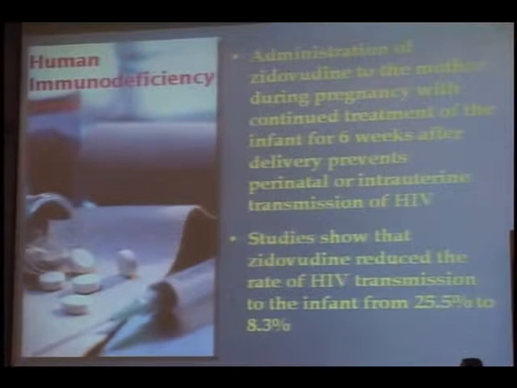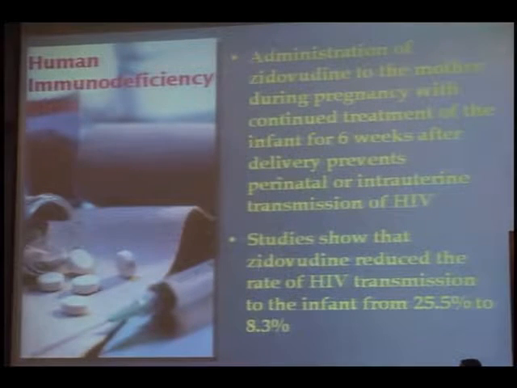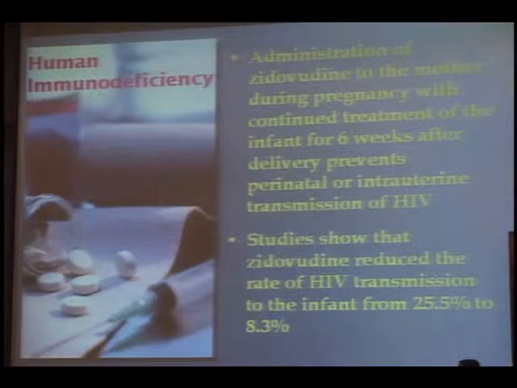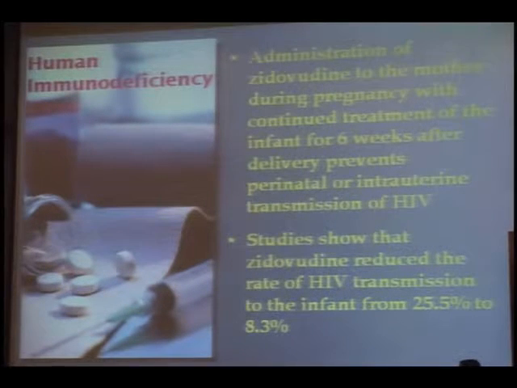According to studies, this manner of prophylaxis prevents perinatal or intrauterine transmission of HIV. Studies have shown that zidovudine reduced the rate of HIV transmission to the infant from 25.5% to 8.3%. So it's now a standard recommendation for pregnant women infected with HIV.